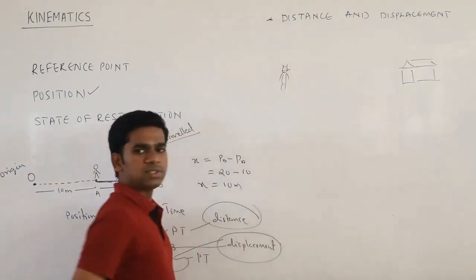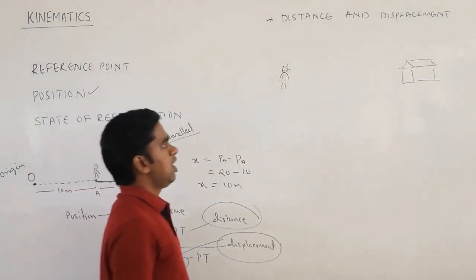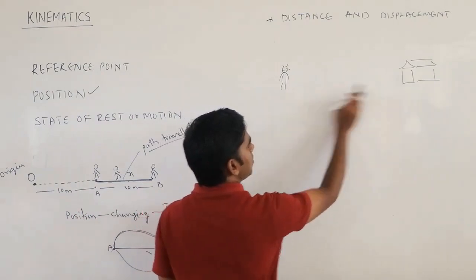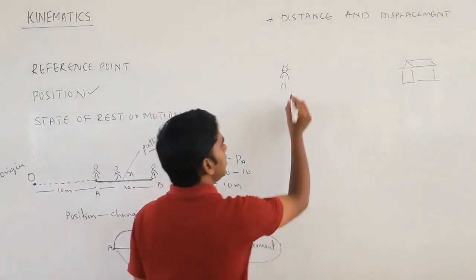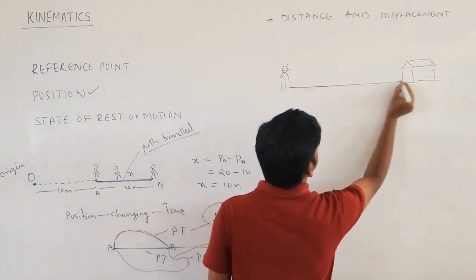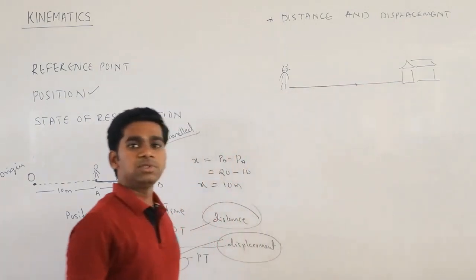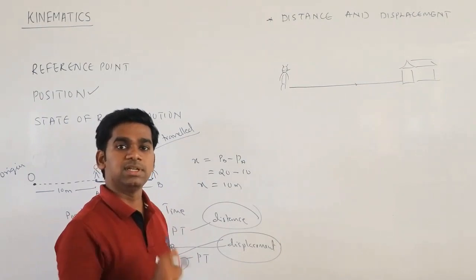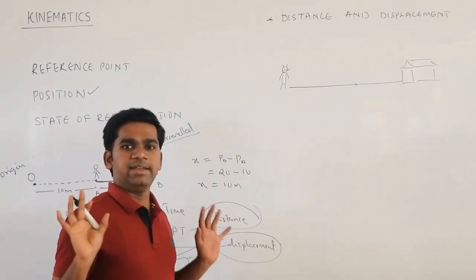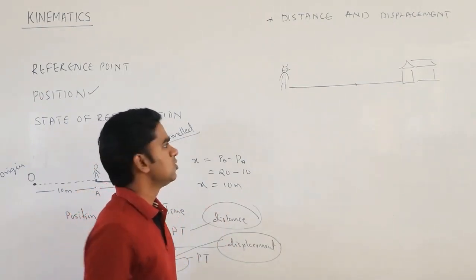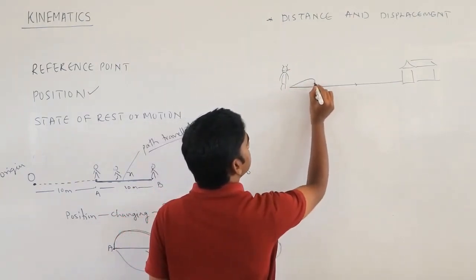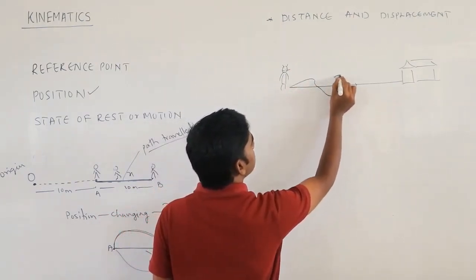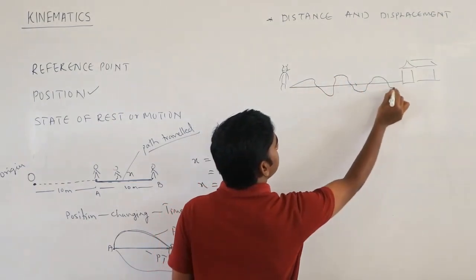If the person is normal, he will directly go home. Suppose the person is not normal. Suppose he is a drunk guy, totally tight. So what will happen? He will not go directly. He may go here, then this side, this side, this side. So finally he will reach.